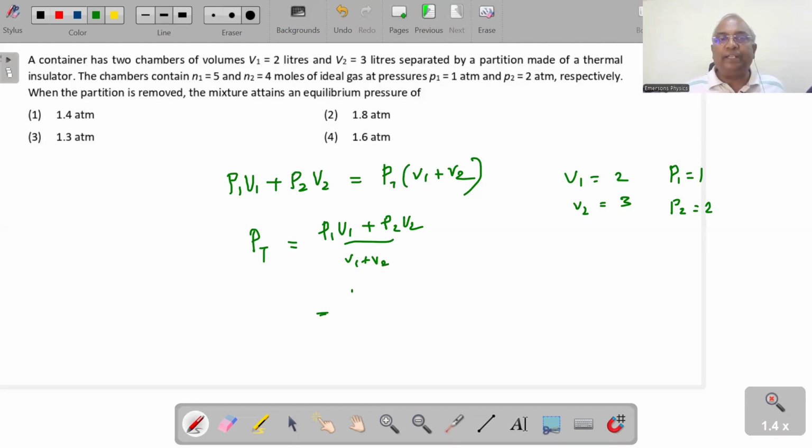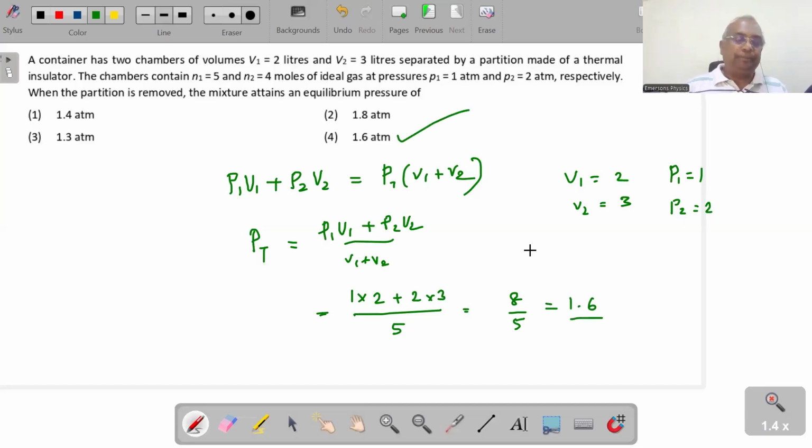P1 is 1, V1 is 2, P2 is 2, V2 is 3, V1 plus V2 is 5. So 2 plus 6, 8 by 5 atmospheric pressure. So 8 by 5 is nothing but 1.6 atmospheric pressure is the answer.